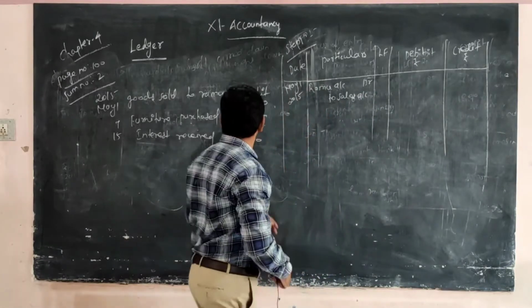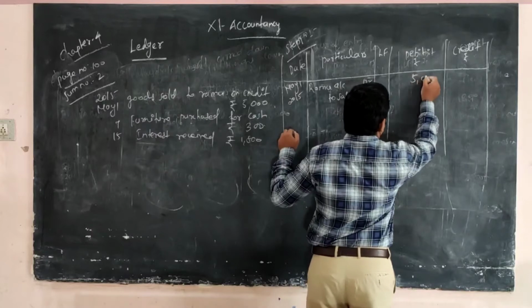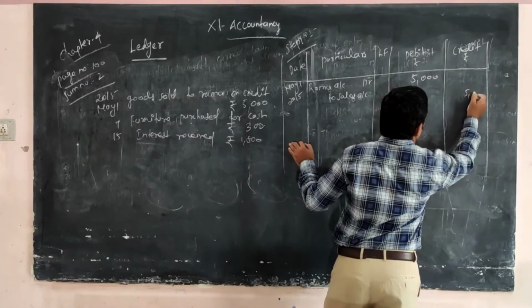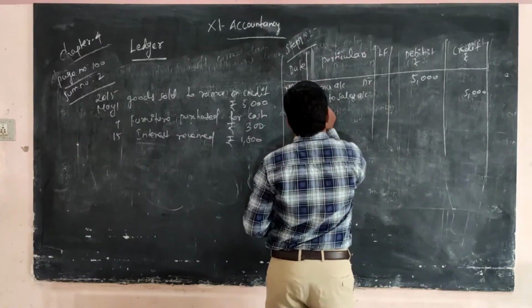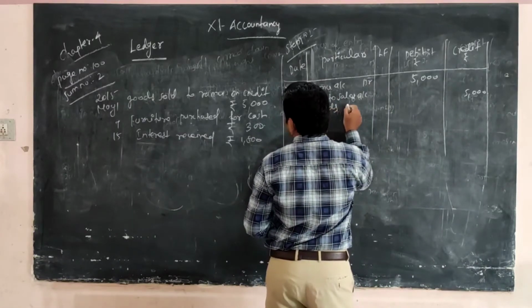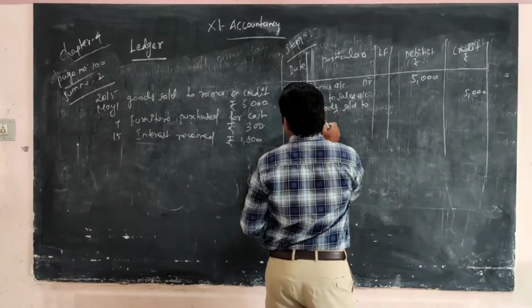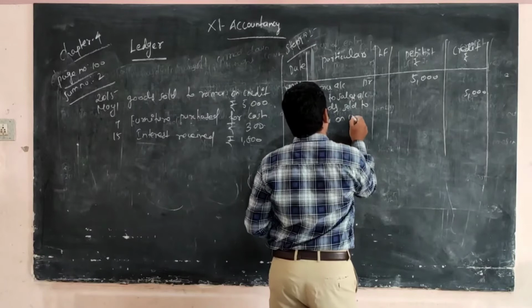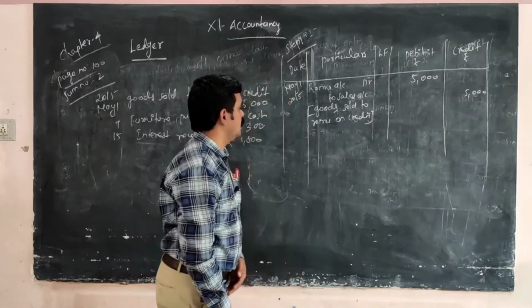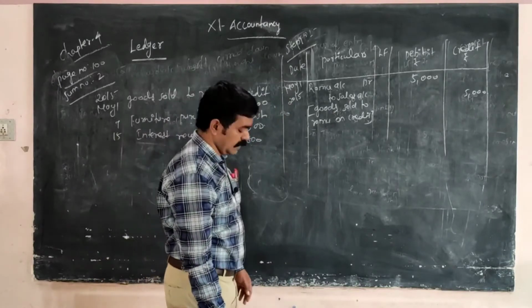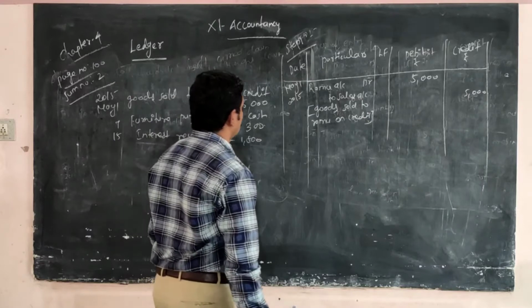What is the amount? 5,000. Goods sold to Ramu on credit. So that is the first transaction.